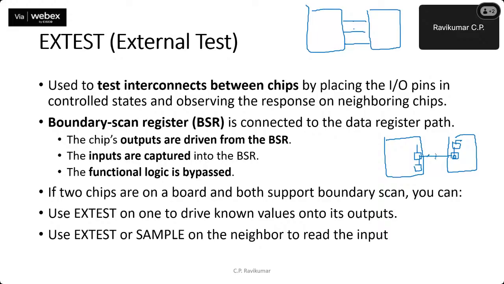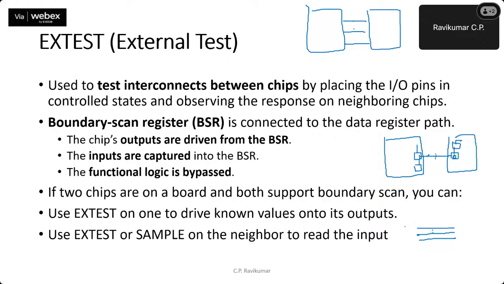There may be another wire which contains a 1, and this guy is picking up that 1 from the other wire. So interconnects, they run very closely to one another, and as a result there is a chance of opens and shorts.